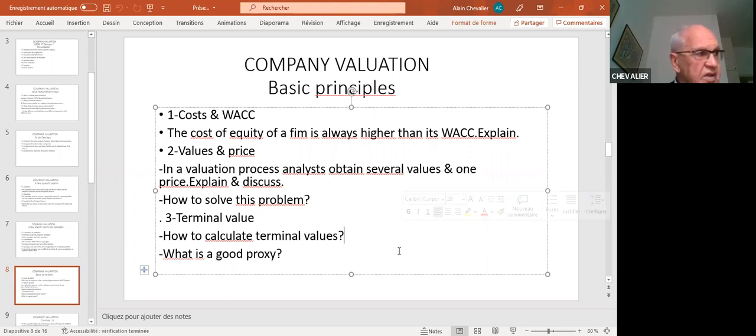The second element: in some cases, it's difficult to find, or it doesn't exist, a benchmark, a comparable company. And this happens very often in new economic sectors, those sectors growing very quickly with innovations, which are generally very useful, of course.